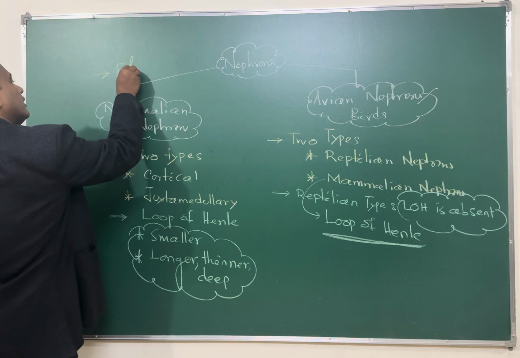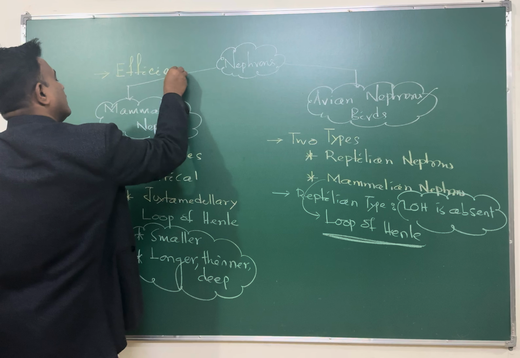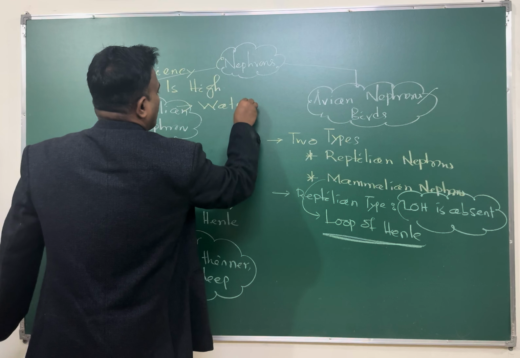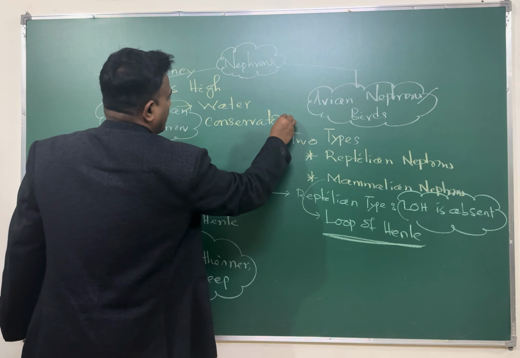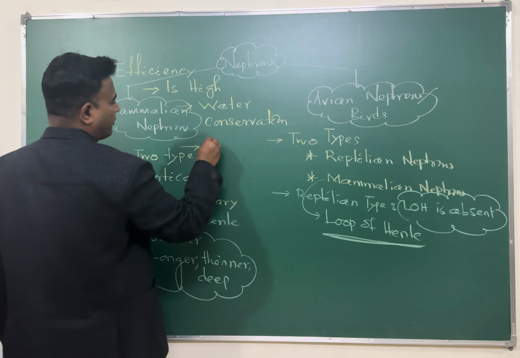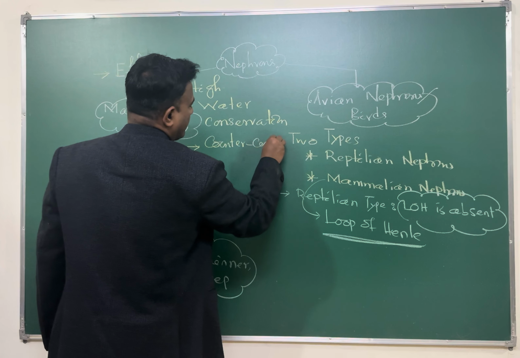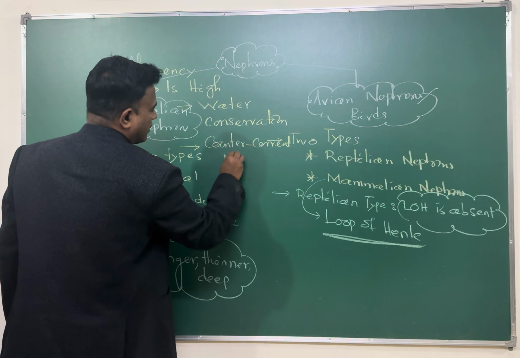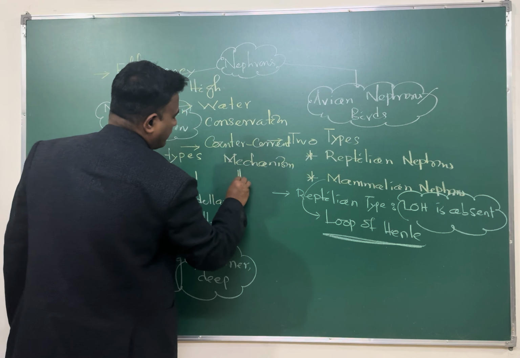Next, third point is working efficiency. This efficiency is very high, as it is mostly associated with water conservation, and this water conservation is regulated by the counter current mechanism and particularly the counter current multiplier system.